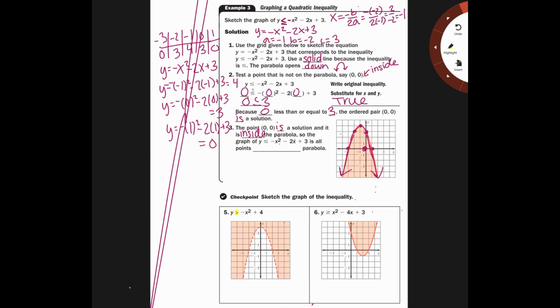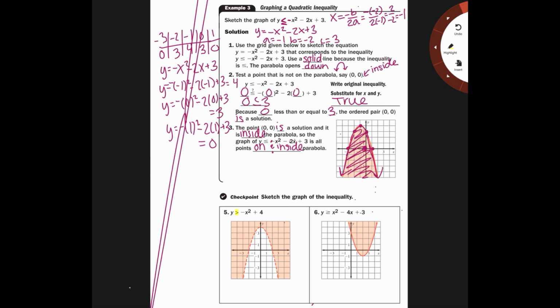So the graph is all the points on and inside the parabola. It's an and sign because it can be on since it's solid, and it's inside, and so that is where I shade. My way of doing this is that I see this is y is less than, correct?